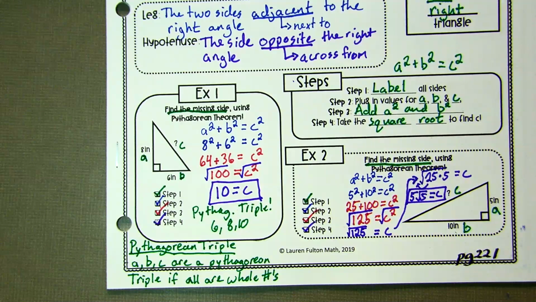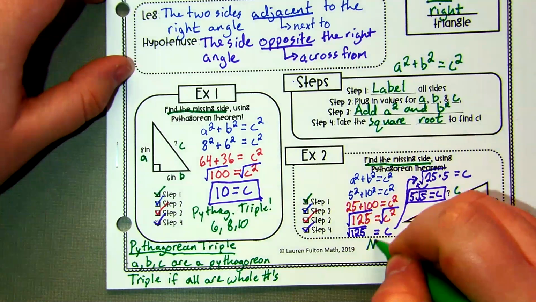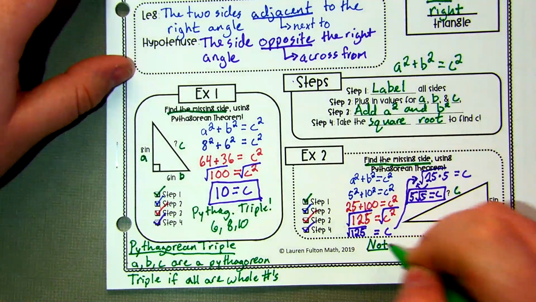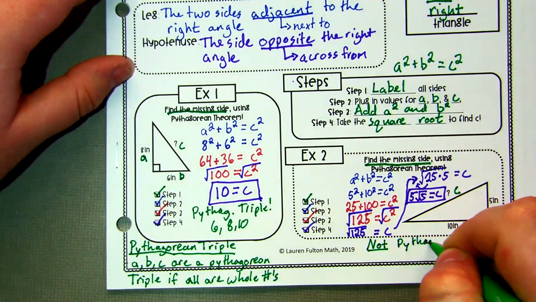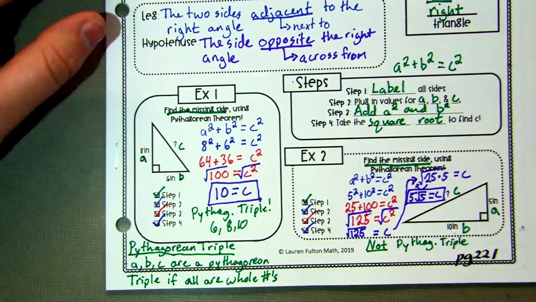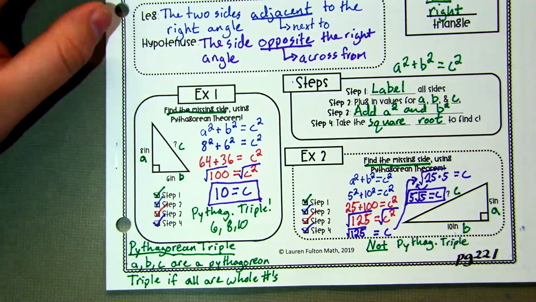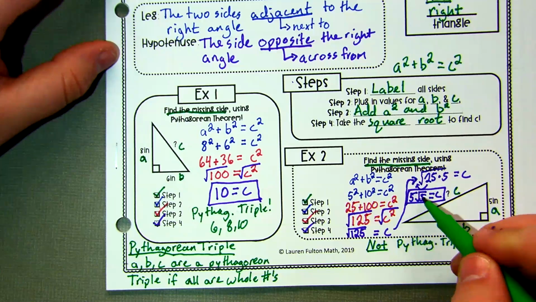Very nice, everyone. I'm seeing a few no's, seeing one yes. But the answer we're looking for is no. It is not a Pythagorean triple. And the reason we say it is not is because of our 5 radical 5.